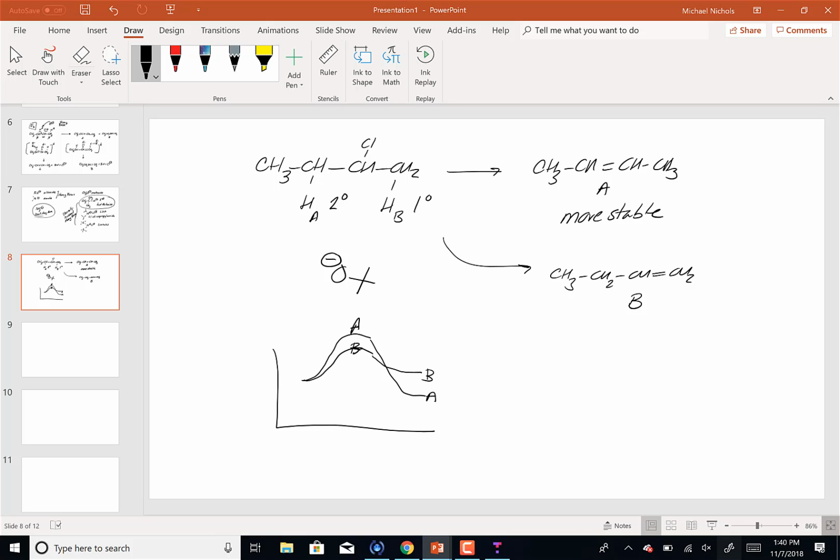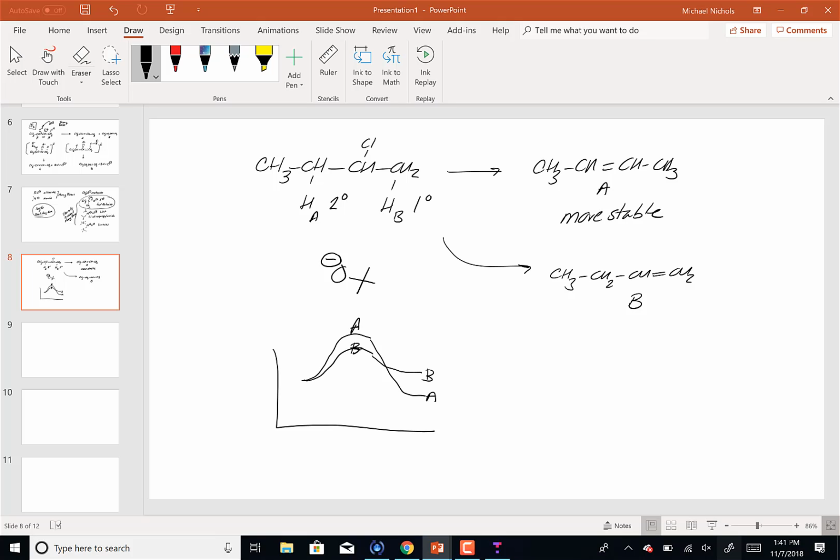This is why. This is essentially a kinetic process. It's dependent on the transition state of the reaction, not the product energy, not the stability of the product. And that's new for us.